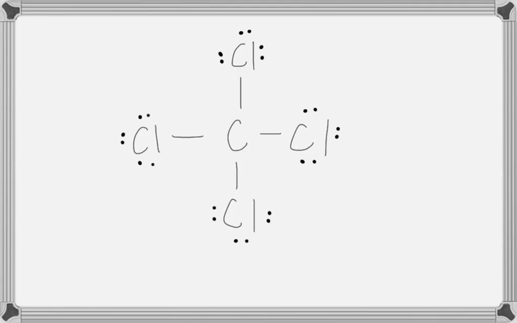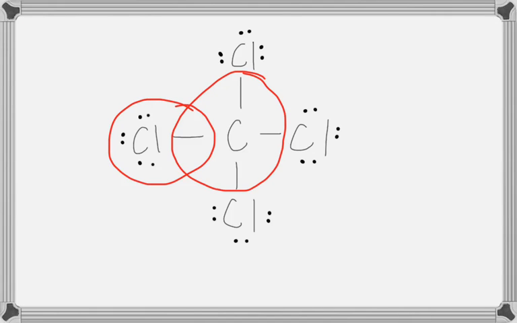Now, when we counted octets, like there's chlorine's octet, right? And then there's carbon's octet. I'm only going to draw that one to show you what I'm talking about. When you counted octets, this bond right here, you counted twice.